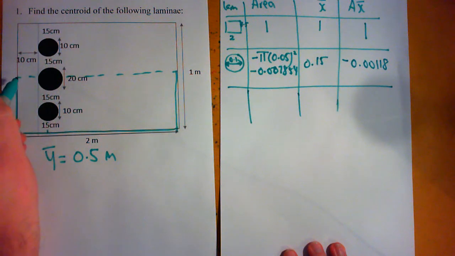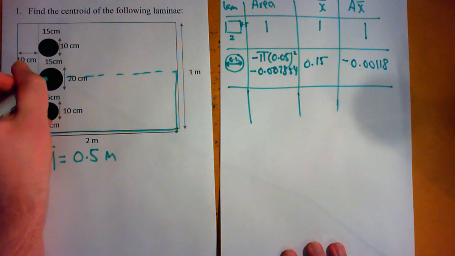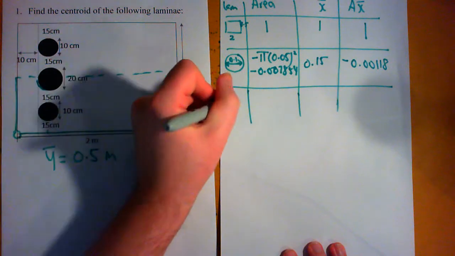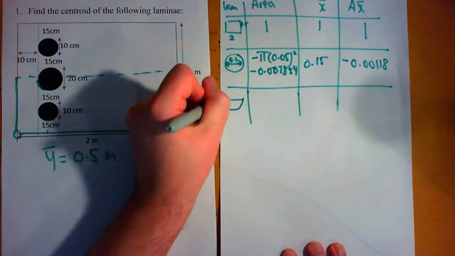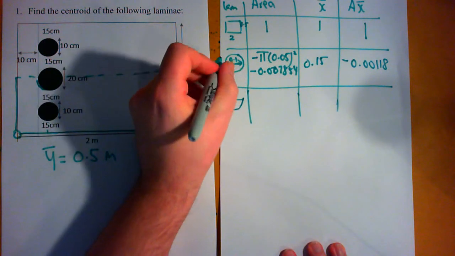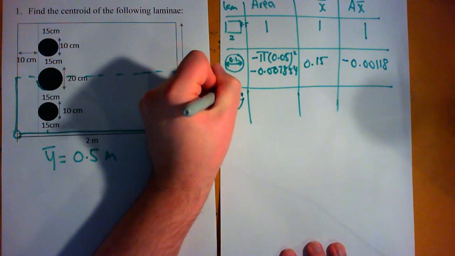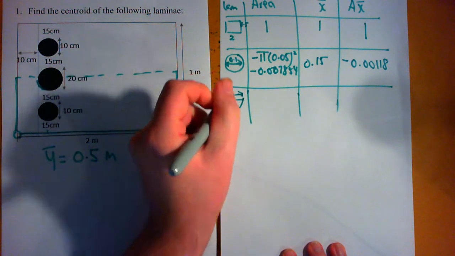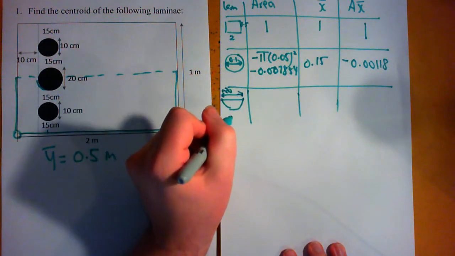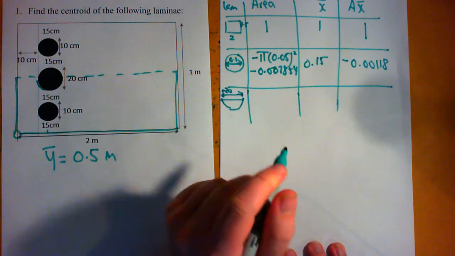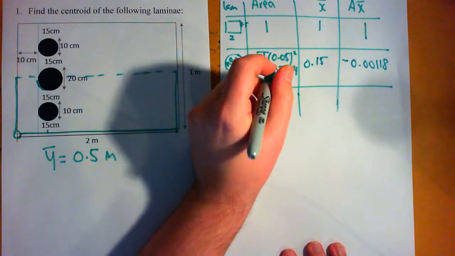Because we've used symmetry to divide the shape into half, and we're dealing with the bottom half, we're only going to deal with the bottom semicircle from this one. So this is going to be a semicircle here. We've got a diameter of 20 centimetres, which is 0.2 of a metre, so its radius will be half of that, which is 0.1 of a metre.